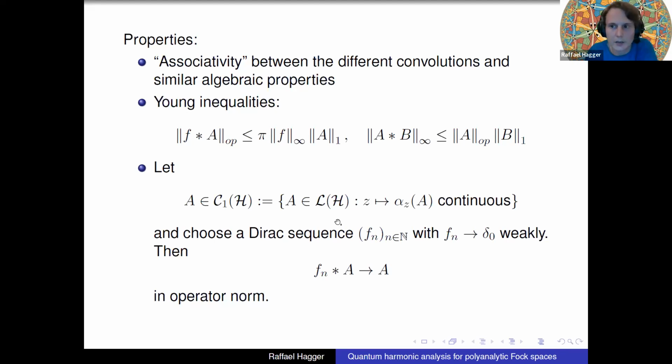And the same thing you can do here, not for all bounded linear operators, but just for the ones you would see as the replacement of bounded uniformly continuous functions. So that's the set that is continuous.